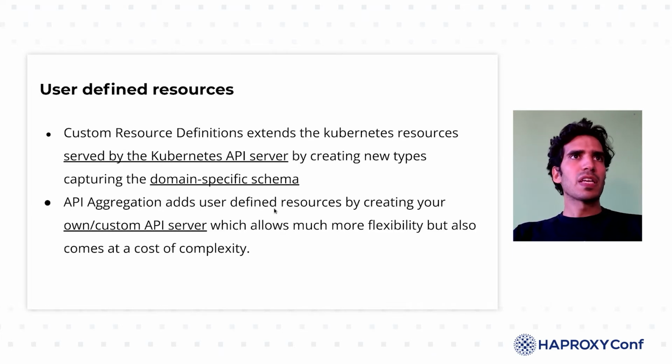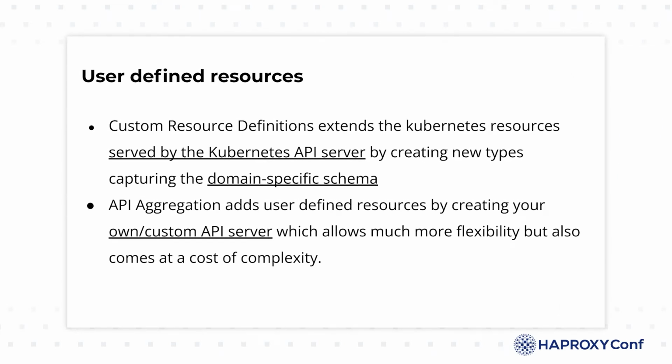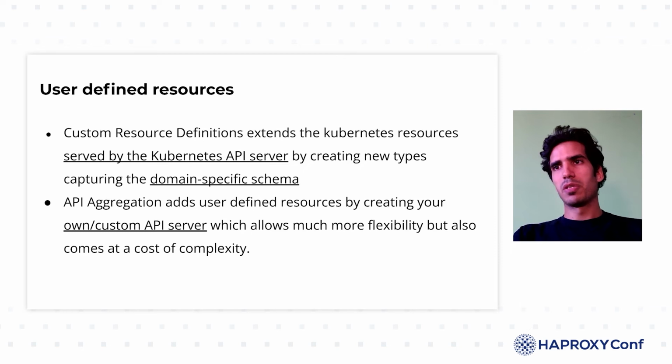So custom resources extend the Kubernetes resources served by the Kubernetes API server by creating new types capturing the domain-specific schema, which means that we are still going to use the existing Kubernetes API server, and we are just going to define new resources. On the other hand, API aggregation is about creating a whole different custom API server, which allows for much more flexibility, but also comes at a cost of complexity.